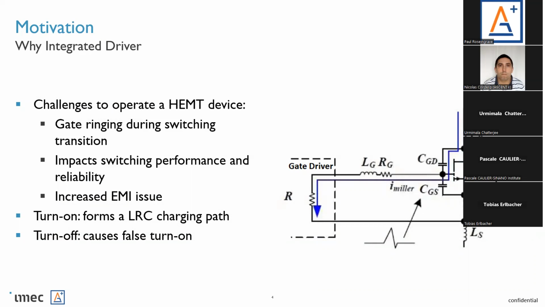While the transistor is turning on, the current is flowing through the gate capacitance and then going to the driver, and that LRC charging path is basically causing gate ringing. This ringing is sometimes so pronounced that it affects the stability and the switching performance, even going to the load of the converter or the circuits you are using it with. That's also a reason for increased EMI issues.